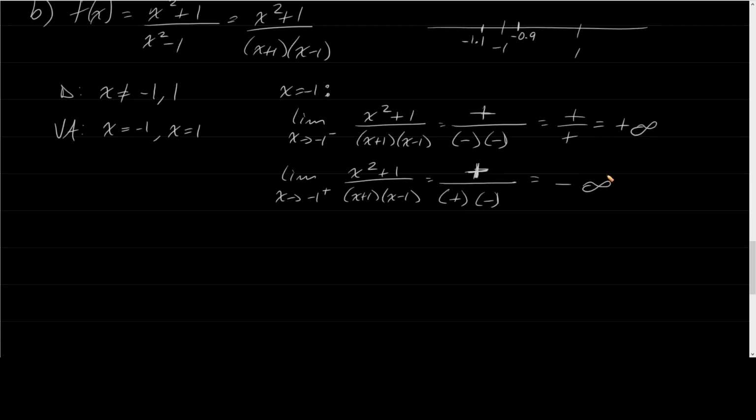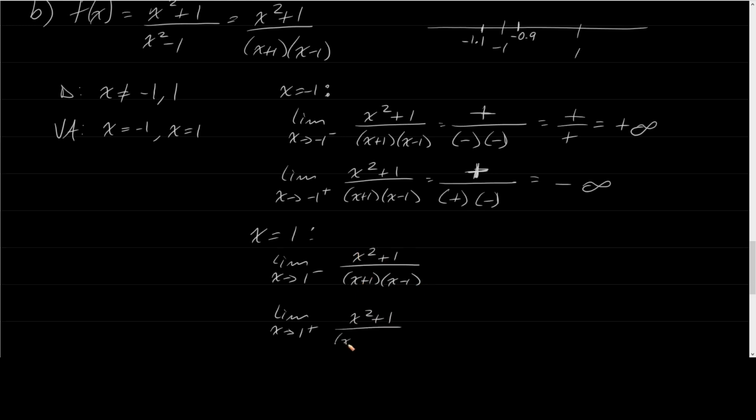All right. So that was around x equals -1. But we also need to do it around x equals 1. And also we're going to do it just like before, from the left. So the limit as x approaches +1 from the left, and also the limit as x approaches +1 from the right. And we're doing this of x squared plus 1 over x plus 1 times x minus 1. All right.